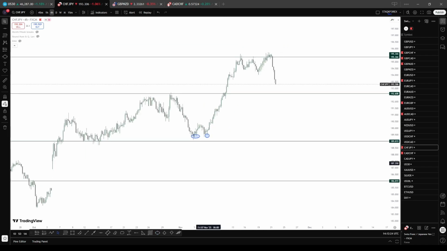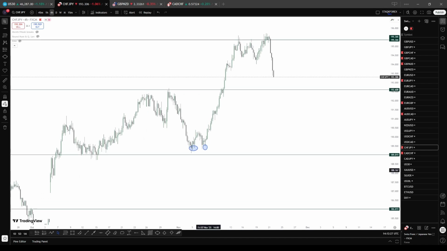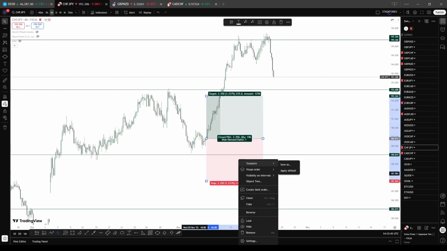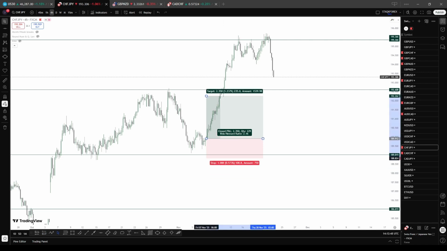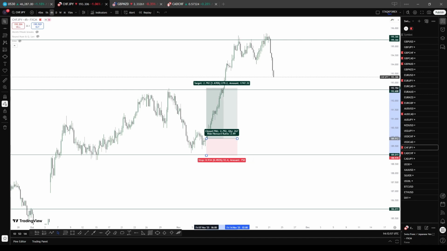So if I'm going to be buying, as long as I have my first leg and the second leg, then I will place my buy position after this hammer. Okay, so now let's place this trade. After the hammer, we have this here. Then my stop loss will be below this. Then my take profit will be here, which is, let's say, 3%.